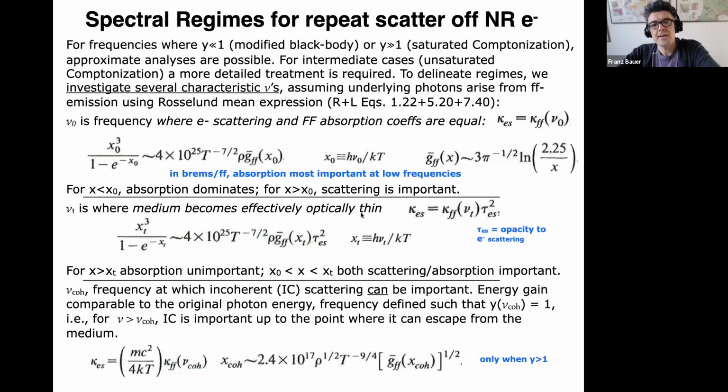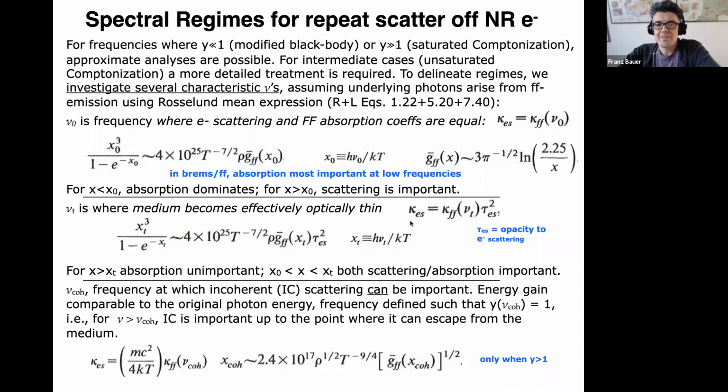Here we can equate the absorption coefficient for scattering with the free-free coefficient in this regime where the scattering is still somewhat optically thick, so we go as tau squared, where tau is the opacity to electron scattering.